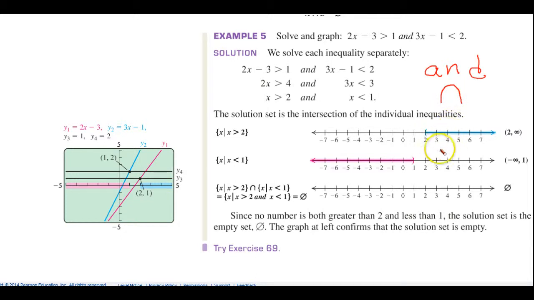Now, later, we're going to find where we do union, that's going to be different because we can join these, and I don't want to jump ahead too much, but just to let you know, that's the main difference. Because of the "and" here, we have a disjunction. They don't overlap. There is no intersection. So the answer is an empty or null set.